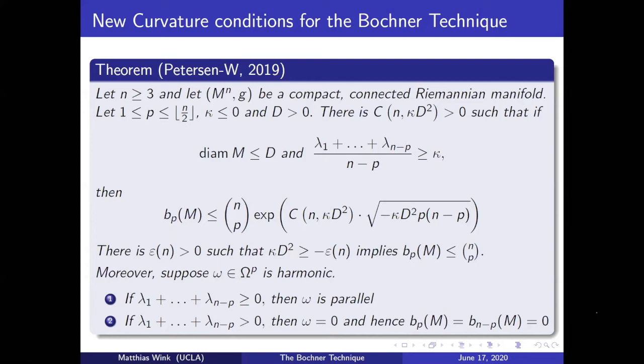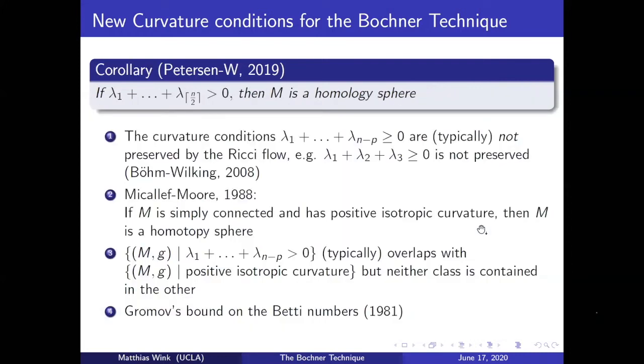And the natural question is, well, how many eigenvalues do we have to sum up to see that actually all the Betti numbers except for the trivial ones vanish? And the answer is, well, we have to go up to half the dimension. And this is the next corollary.